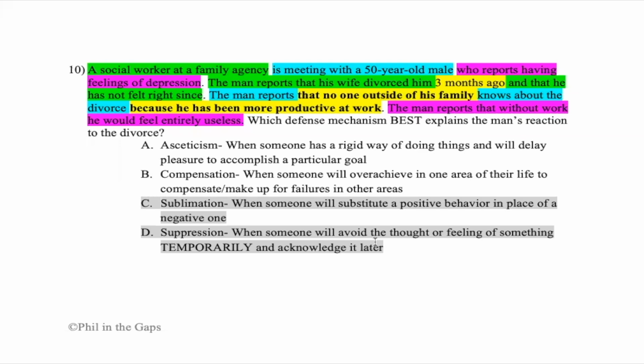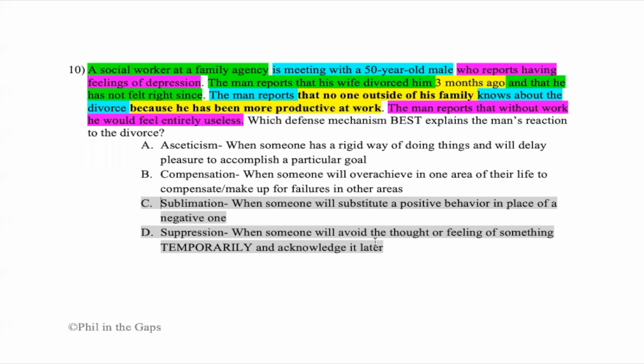So now we're in between asceticism or compensation. Asceticism is where somebody has a rigid way of doing things, will delay pleasure to accomplish a particular goal, or compensation is where somebody's experienced a failure in one area of life, so they overachieve or do more in another area to make up for it in some way, shape, or form.